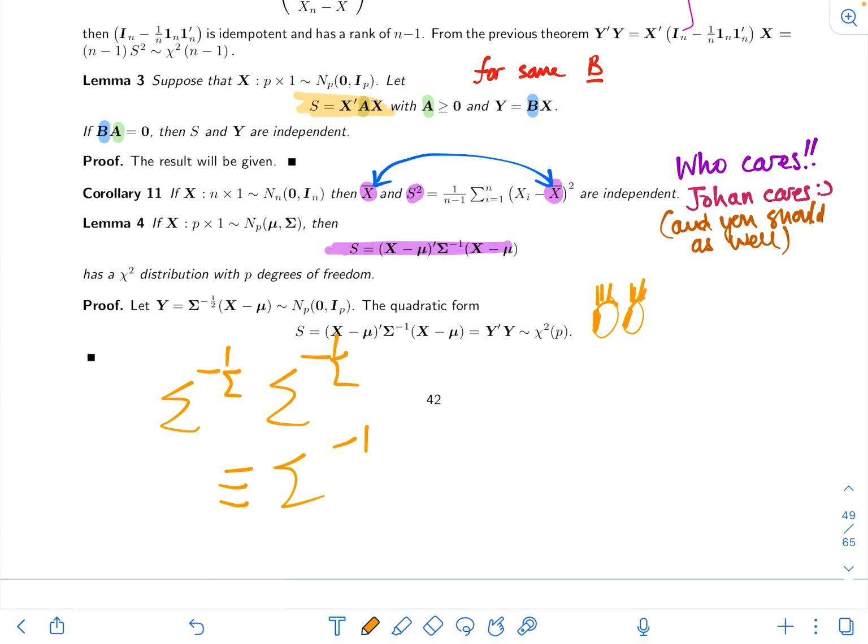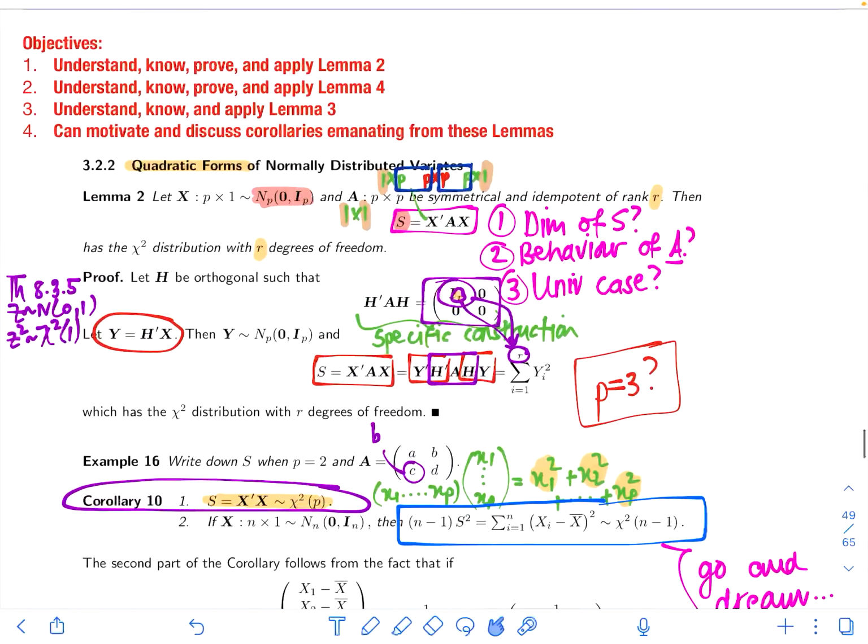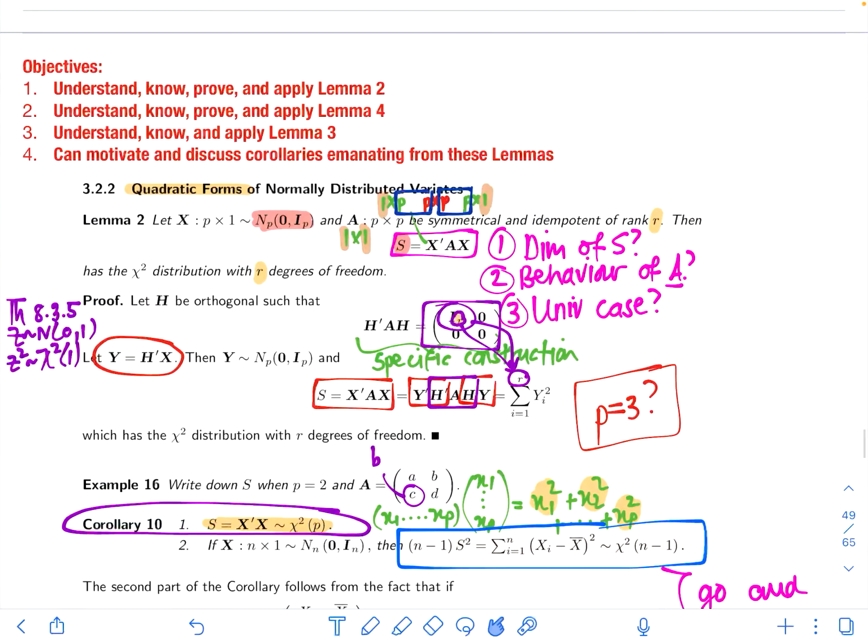This is very useful because that S in lemma 4 is actually what we have also in the likelihood function, or at least in the density function of the multivariate normal. So everything we've discussed up to now is rather general or rather generic.